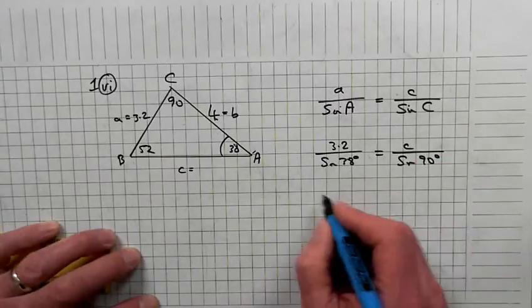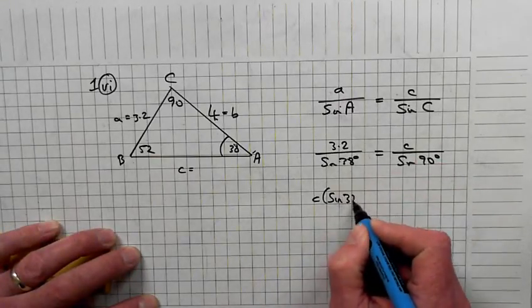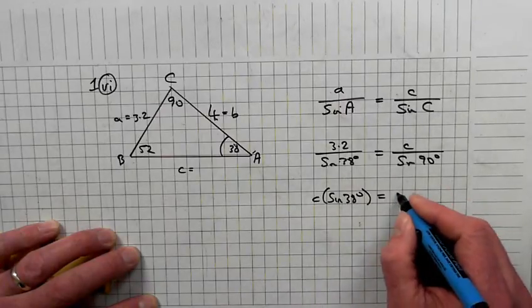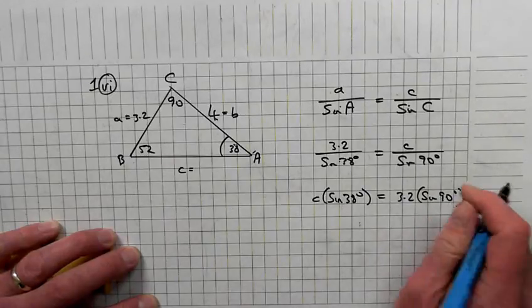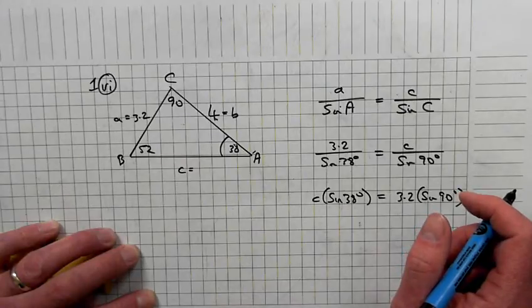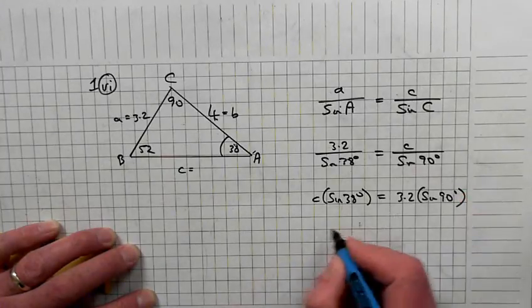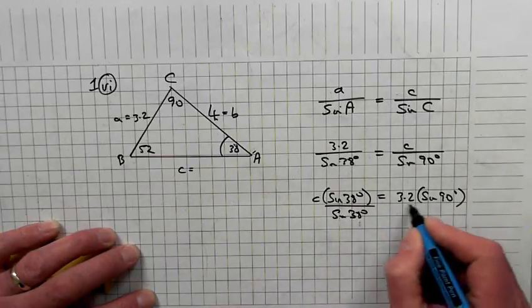So again, cross multiply: c times the sine of 38, and 3.2 times the sine of 90. What is it? From the unit circle, you don't have to look it up. So cos and sine, so it's 0 or 1? 0.